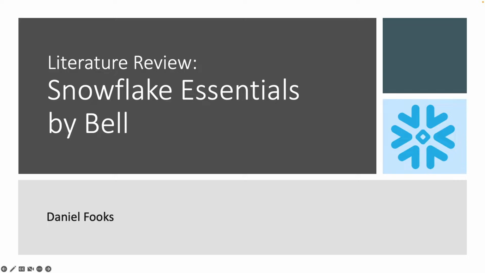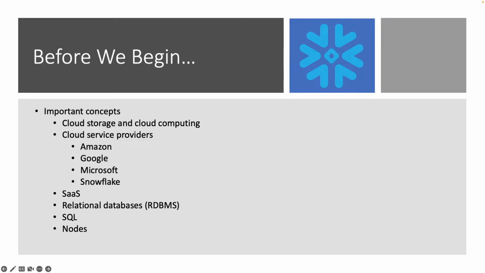as a system. But before doing so, I think it's important to go over some key concepts that I'm going to be discussing today. So the first is cloud storage and cloud computing. We really saw this idea popularized in the early 2000s, but it's essentially the idea of, rather than needing to store resources and data locally, we're just able to access remote servers out in Montana or Virginia, and access that data instead.